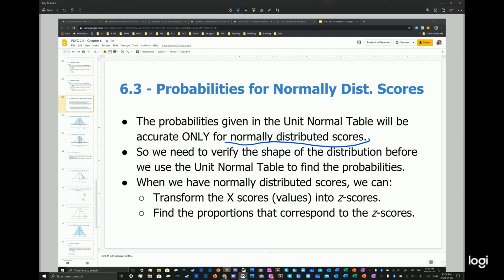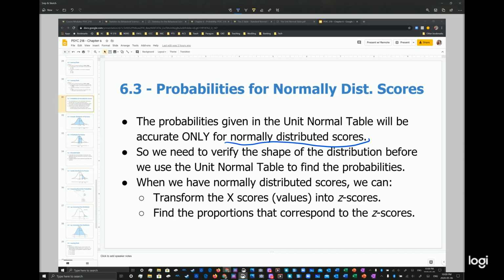And the only way to do that is with normally distributed scores from normal distributions. And you can also see that the Z scores are standardized scores, and the unit normal table or the Z table is working with standard normal distributions.